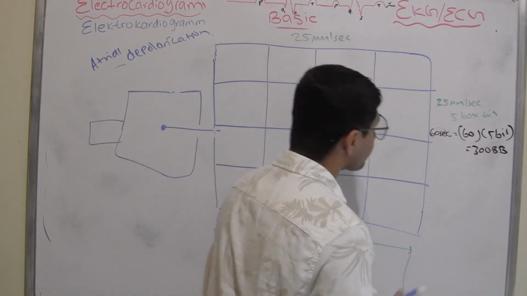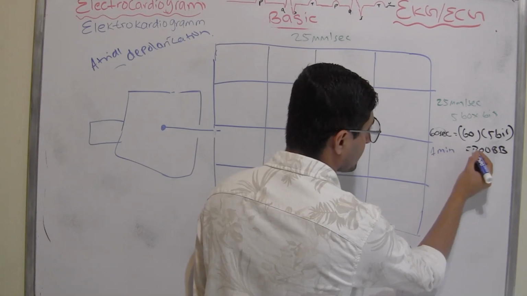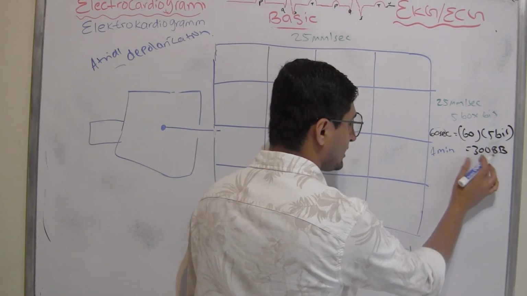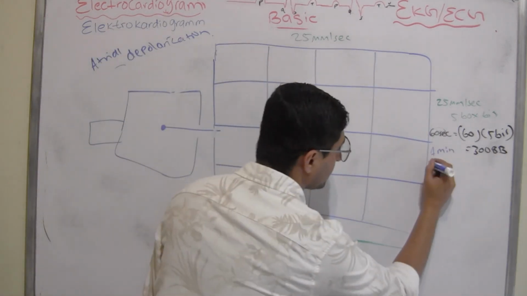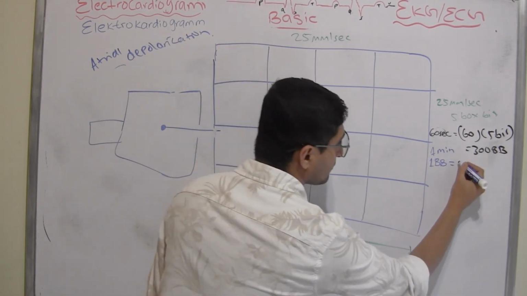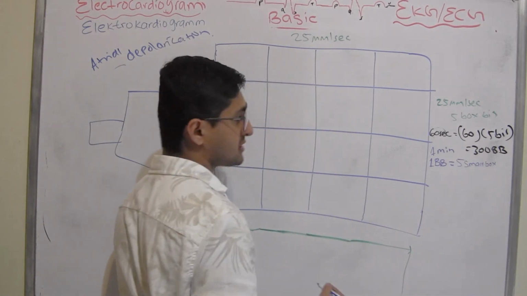Now, in 1 minute, it will pass 300 big boxes, correct? In those big boxes, there are also small boxes. One big box is equal to 5 small boxes, and there's the importance of this.